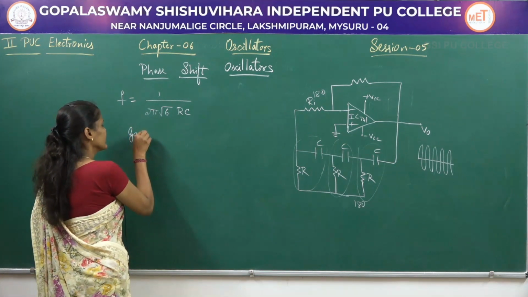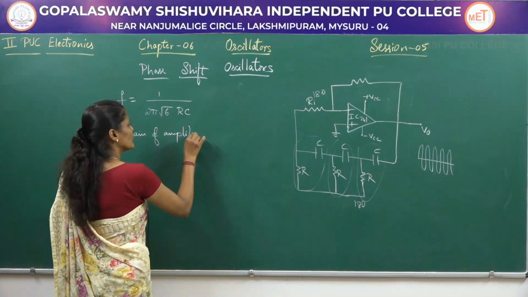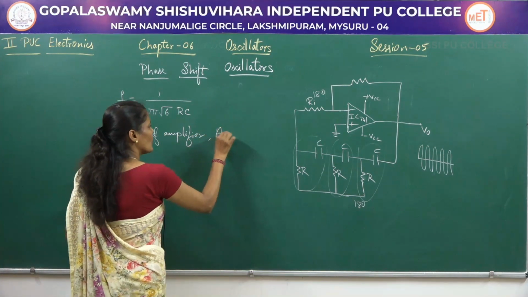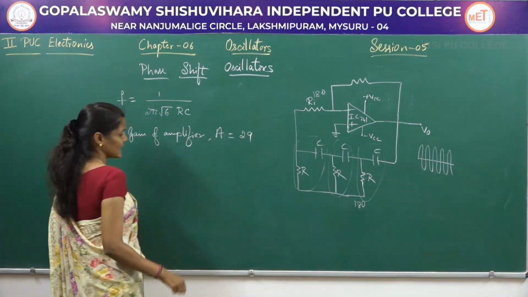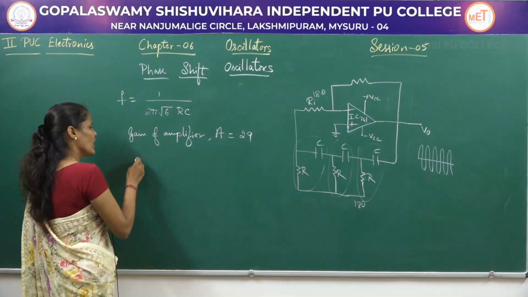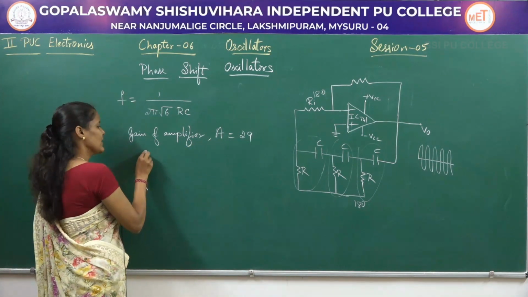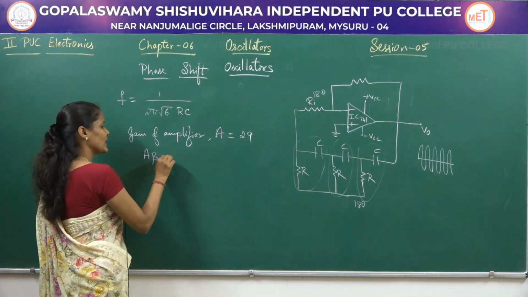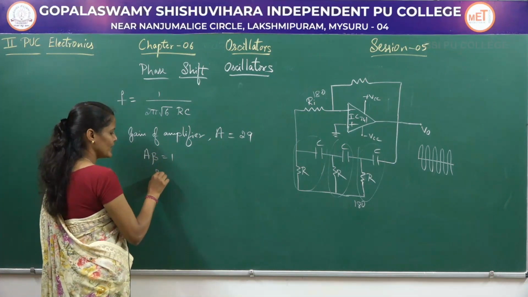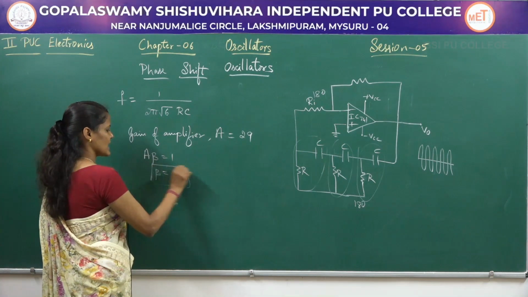And the gain of the amplifier will be denoted by A, which will be equal to 29. The calculation of this part is not present in your syllabus. So, the gain of the amplifier A will be equal to 29. We know that A into beta must be equal to 1. So, beta is equal to 1 divided by 29.